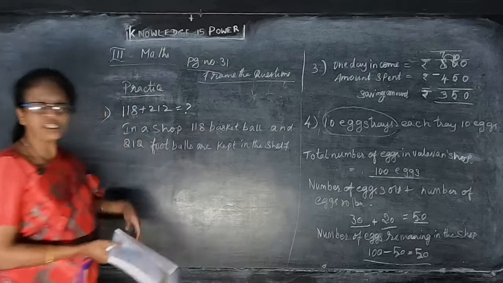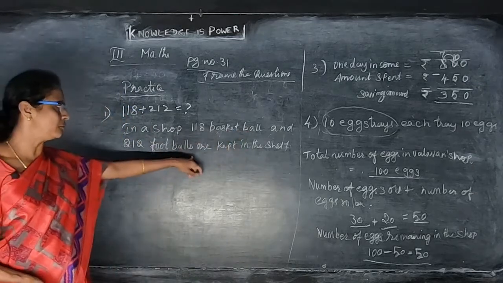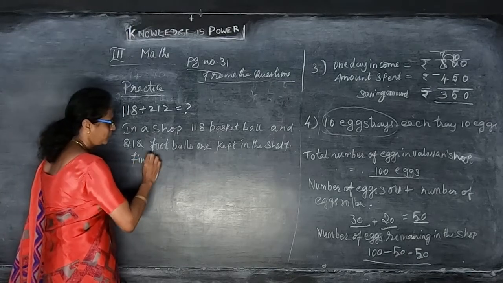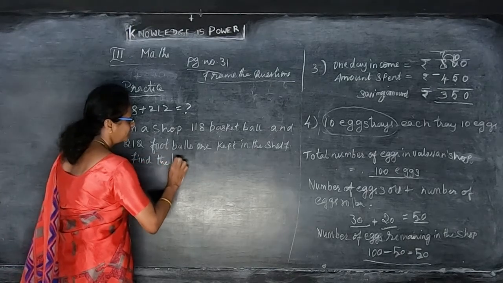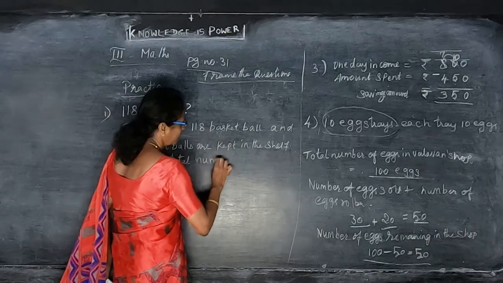Okay, in a shop 118 basketballs and 212 footballs are kept in the shelf. Find the total number of balls. Find the total, since there is a plus sign, find the total number of balls.